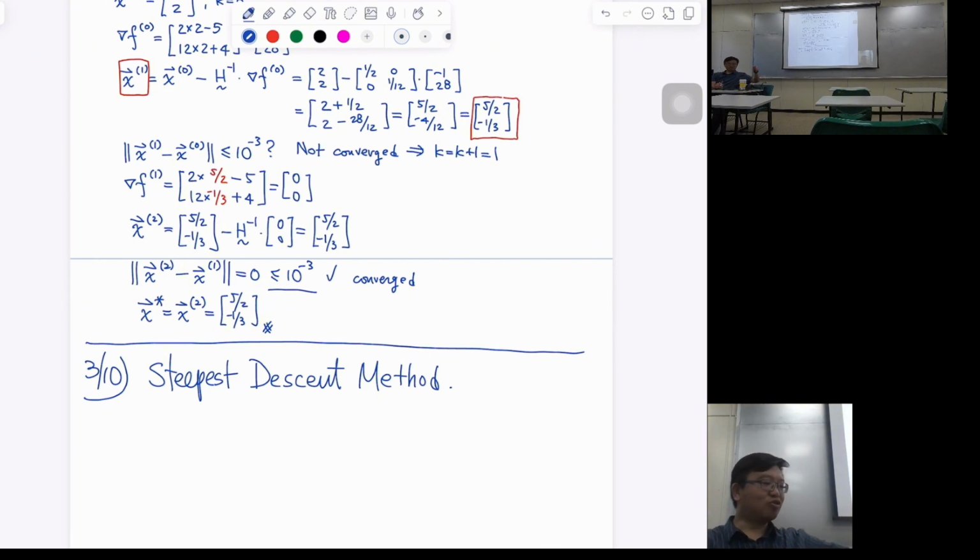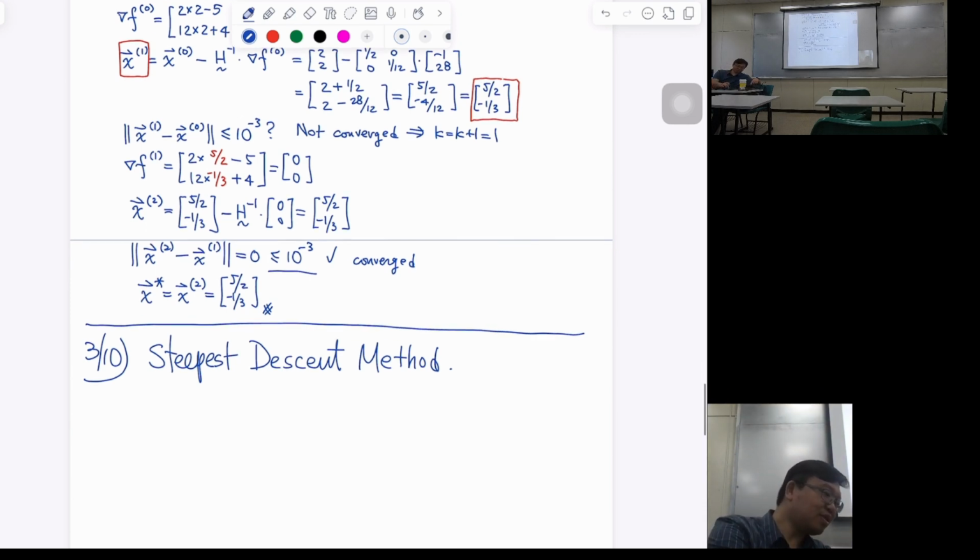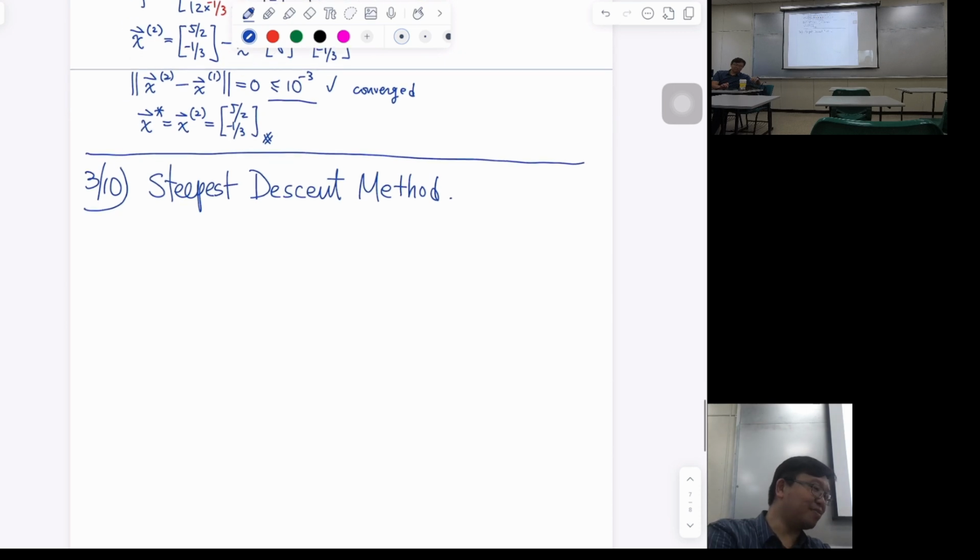However, we can try to stay at the current location and find which direction goes down the steepest, which means having the largest slope going down. Let's just go toward that direction. So that's the steepest descent direction, the steepest descent method.